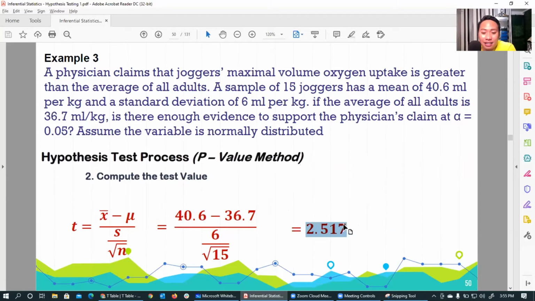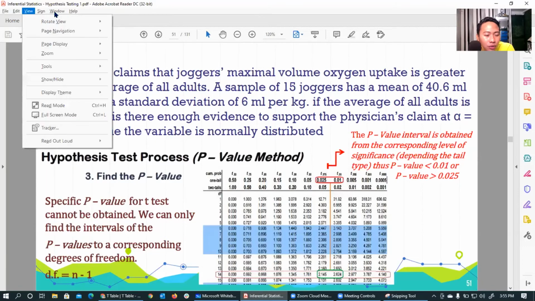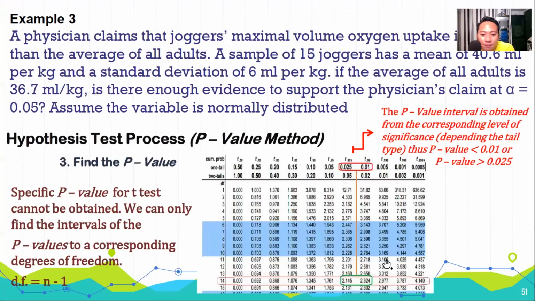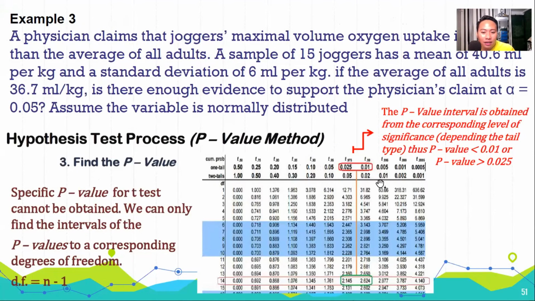That test statistic at 2.517 falls under that interval. Let me view full screen mode. I hope you can still see the hand cursor moving. So the 2.517 belongs to the interval 2.145 and 2.624, somewhere in that interval. That's why I boxed it in green.